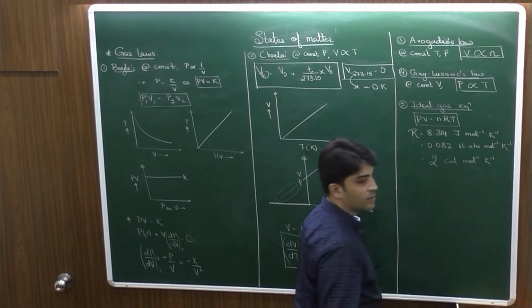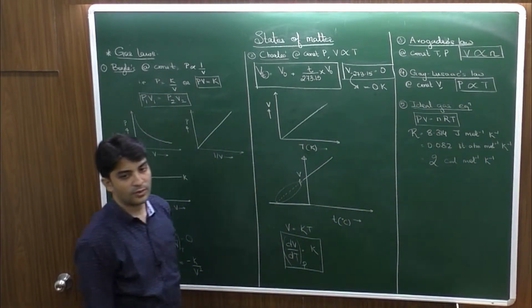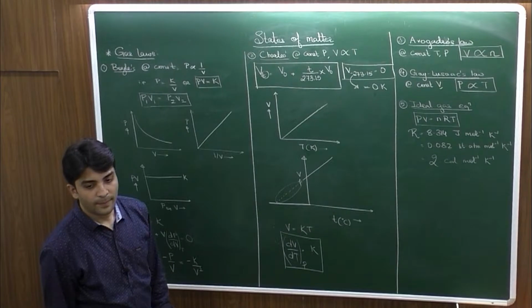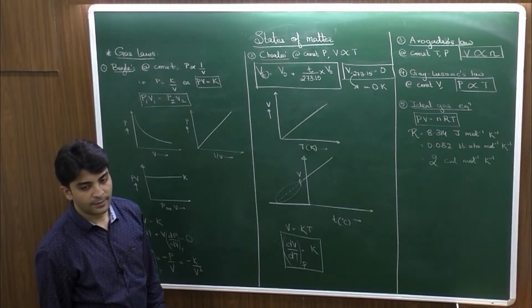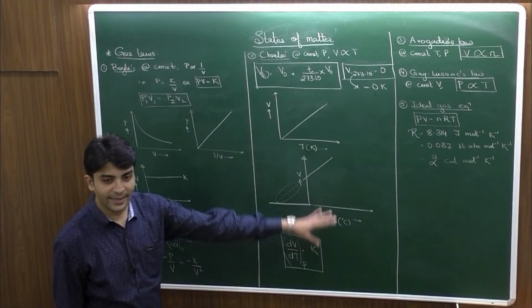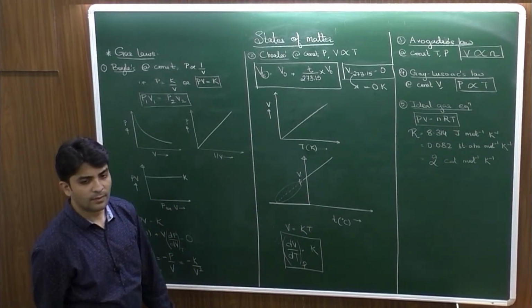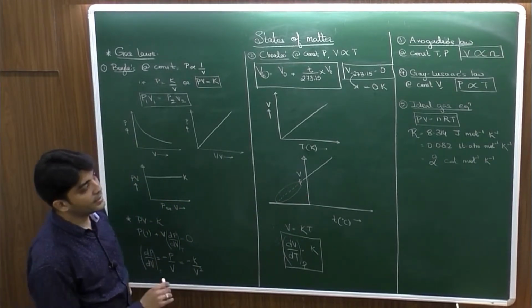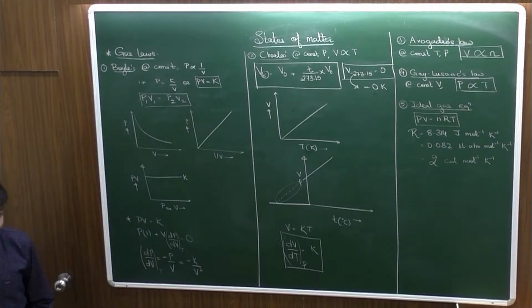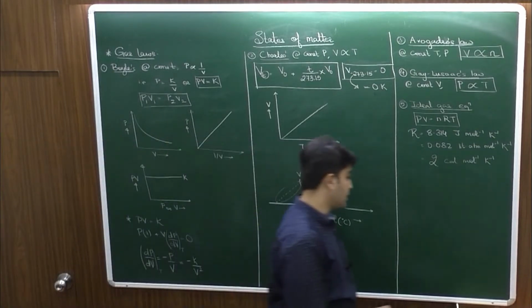This should be clear because in thermodynamics we have talked about this value of R. Boltzmann constant is K equal to R by NA. That I will explain in kinetic theory. Now, some important relations from the ideal gas equation.